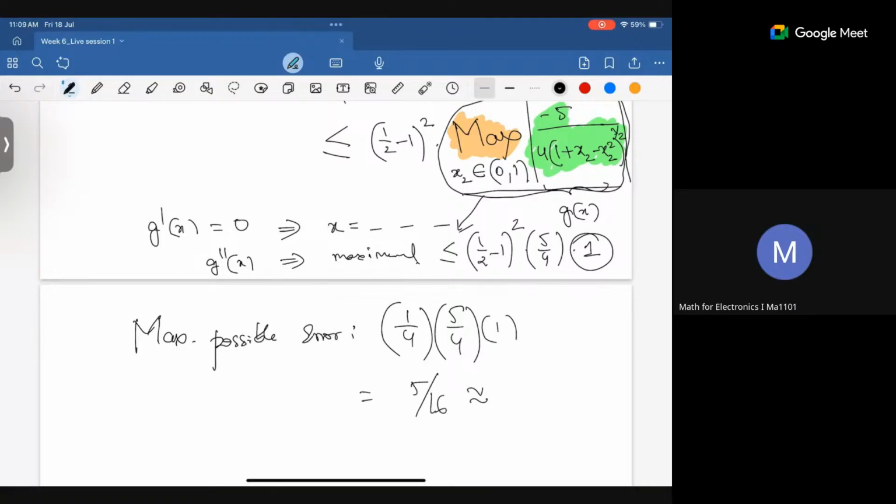This will come out to be approximately 0.3125, right? Yeah, 0.3125. All right, so this will be equal to 0.3125. Okay, so the maximum possible error is 0.3125. So this is how we should compute.